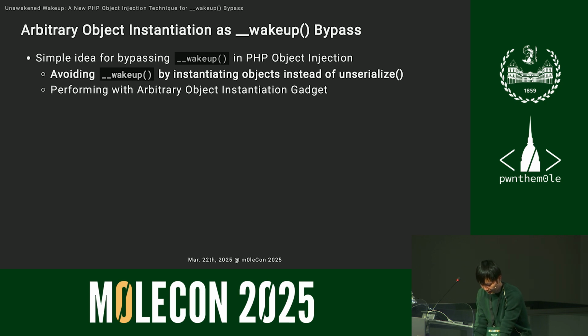AOI vulnerabilities are typically found in areas where users can specify class names, so developers have likely already minimized such risks by paying extra attention to those parts. However, AOI gadgets can lurk in code paths that users don't normally interact with.